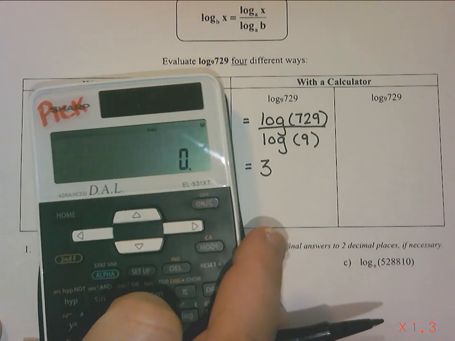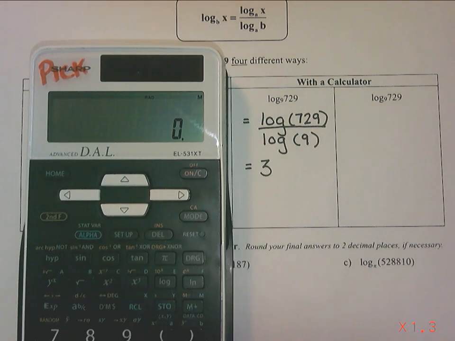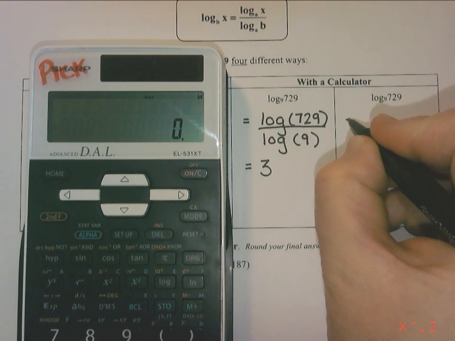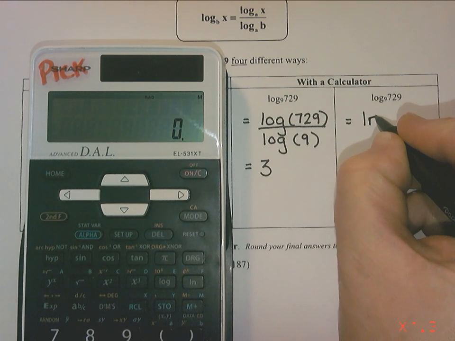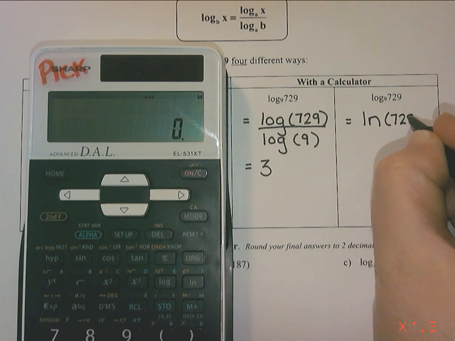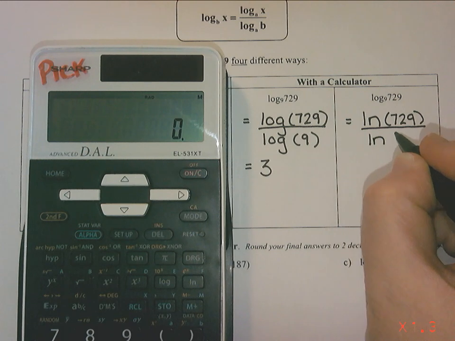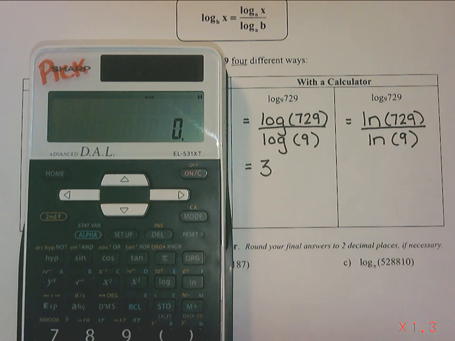Okay, there's one more. The other base that my calculator understands is log base e, or ln. So I'm going to try using ln this time. I'm going to do ln of 729, and then we have to divide by ln of our old base, which would be 9.